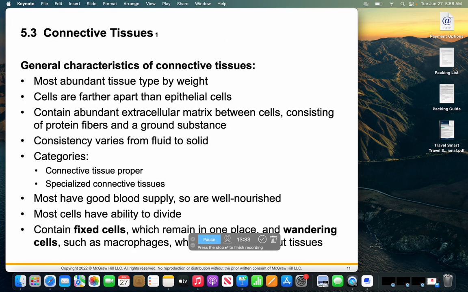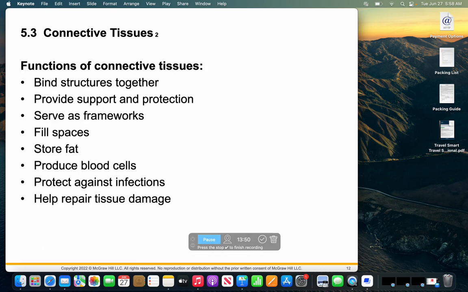And then we looked at connective tissues, and they are the most abundant, and there is connective tissue proper, and then there are these specialized tissues, and they can be solid or fluid or somewhere in between, and they have many functions because they are so diverse in their structure.